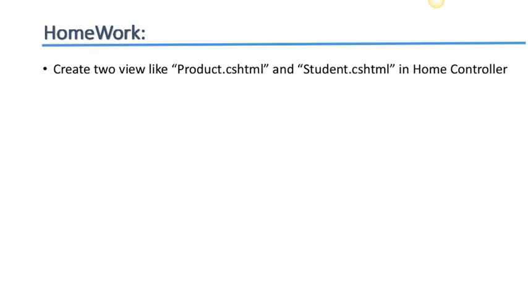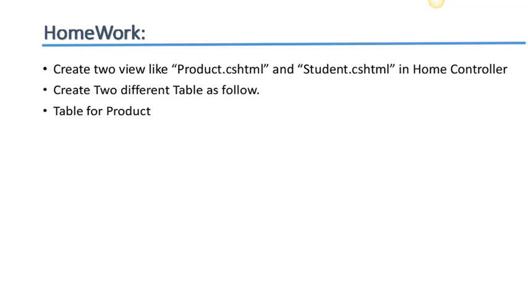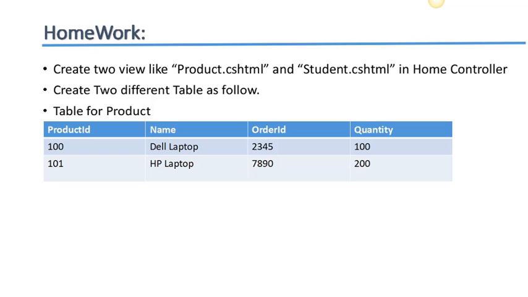Create two views, a product view and a student view, in the Home controller, or you can create a different controller. After creating the two views, create an HTML table for product with product ID, product name, product order ID, and quantity.